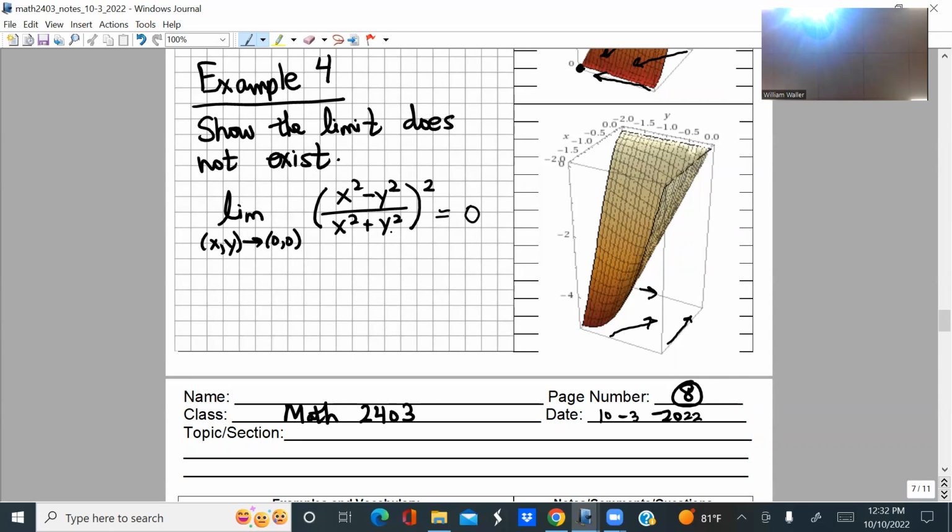This is a polynomial divided by a polynomial, because these are positive whole number powers of x and y, right? Even if you're squaring it, if you were to square out this expression, it would take a minute or two to expand this square. But even if you expanded the square, you'd still get positive whole number powers in the numerator and in the denominator.